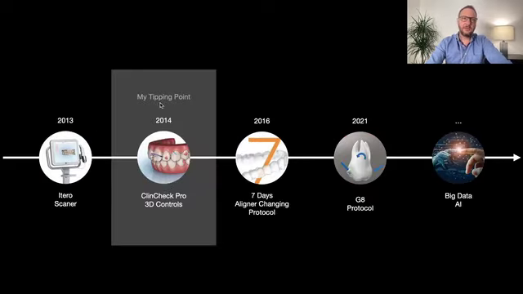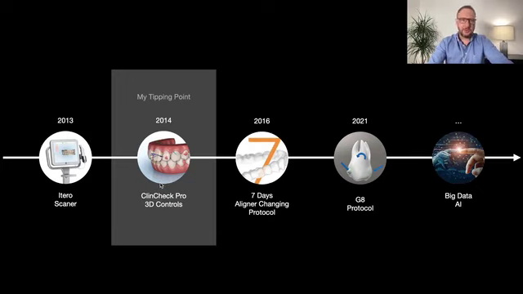But for me, probably the tipping point was in 2014, when they developed the ClinCheck Pro with 3D controls, software that a lot of other companies are now developing very similar, some with extra features, others without this control. But what happened here, more important than all the other evolutions and transformations, was that now as orthodontists I can control the software, and I really like to do this, okay?